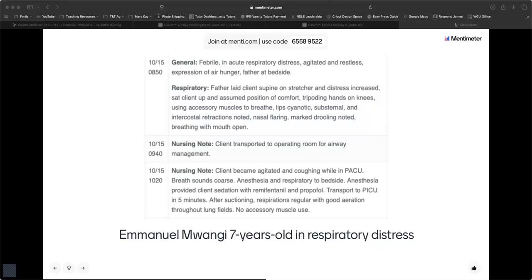So priority nursing interventions for this patient is going to be an advanced airway before we do anything for them. We can't put anything in their mouth. Like I said, they can't swallow, they can't cough. They are at high risk for further obstruction if we agitate them. So we want to make sure that we keep them nice and comfortable. We are going to sedate them before we intubate them.